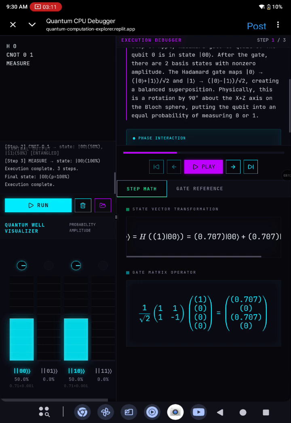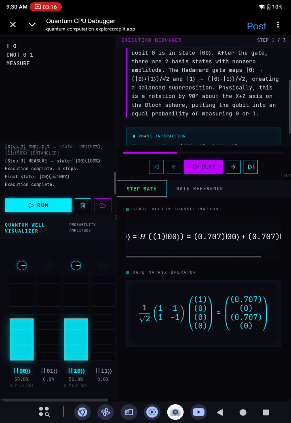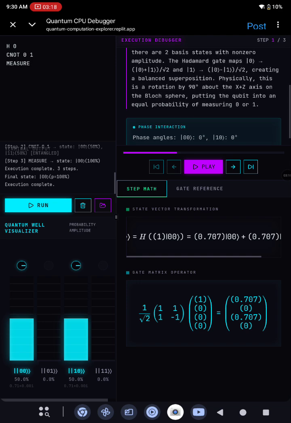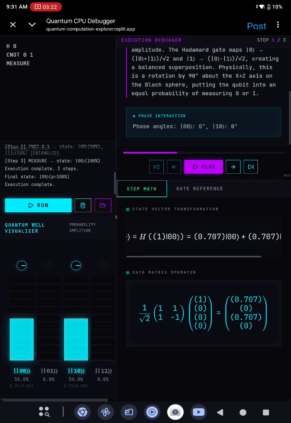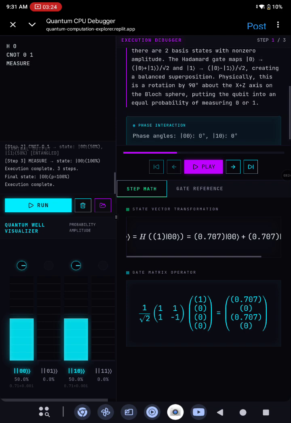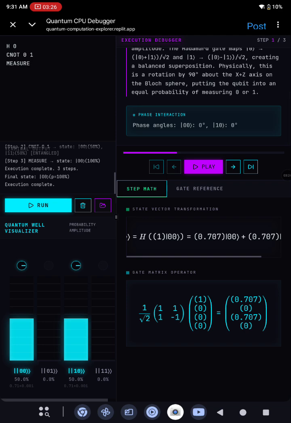That's the 2 quantum wells down at the bottom left in superposition. Physically, this is a rotation by 90 degrees about the x plus z axis on the Bloch sphere. Well, that would be something to learn. Putting the qubit into an equal probability of measuring 0 or 1. There are some phase angles.